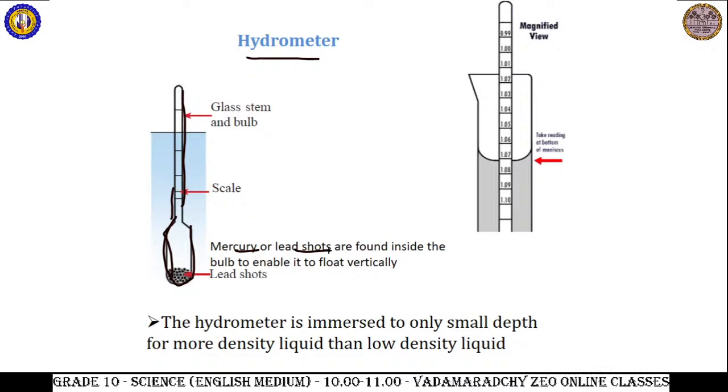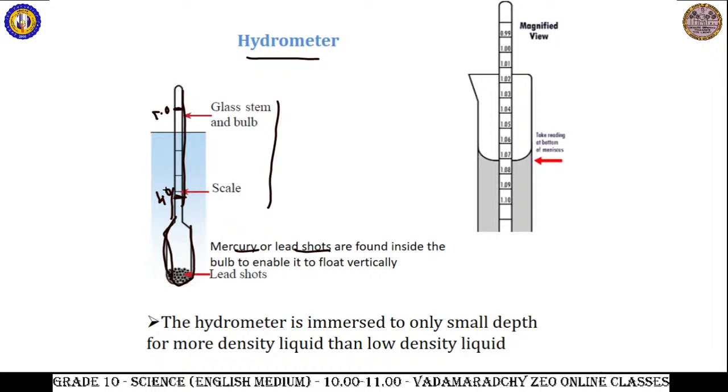Another thing we have to note is the scale. When we see the scale of the hydrometer, in the upper part the scale has a lower value, maybe 1, but in the lower part the scale may be 5 or 4.